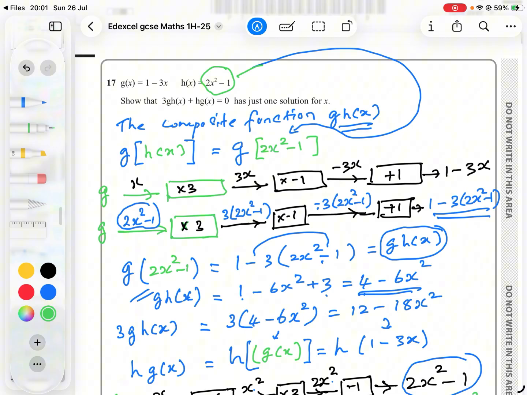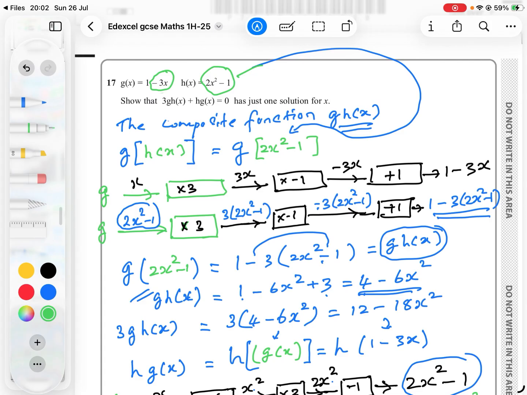What is the function of g(x)? I can use a function machine. For the g function machine, when you send your input x, look here, times 3, so 3x. Then minus 3x, what does that mean? That means you have to times by minus 1. So 3x input times by minus 1 gives minus 3x.